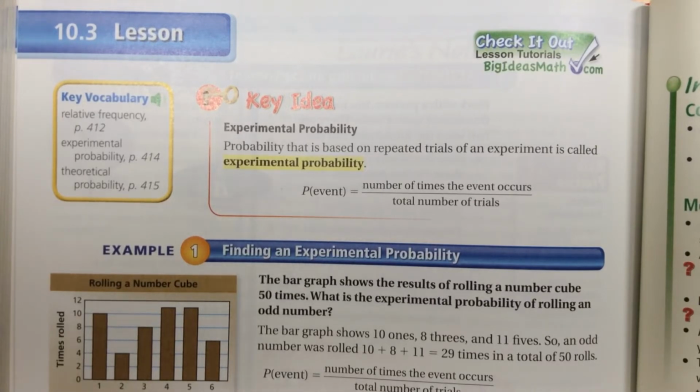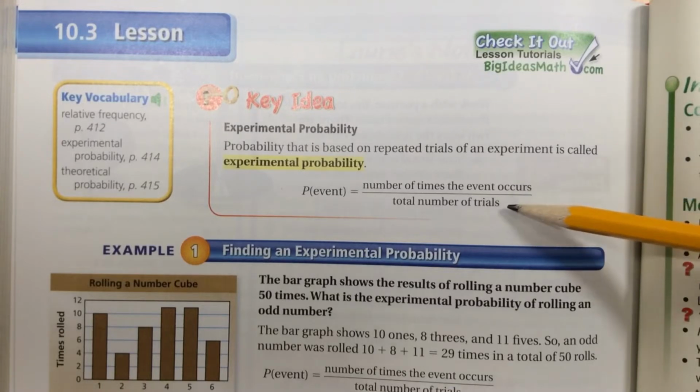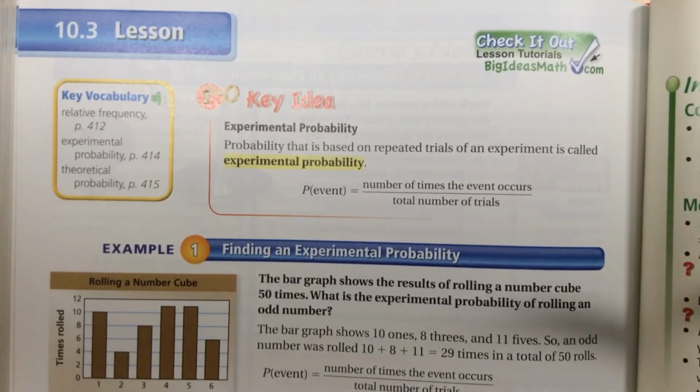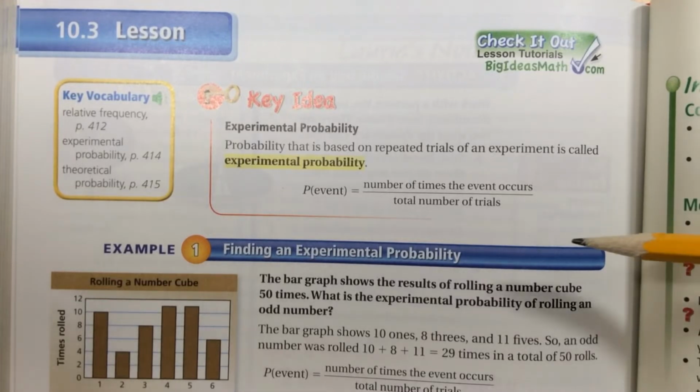So let's say we wanted the experimental probability of flipping heads. If we flipped a coin 10 times and we got heads twice, then we would put 2 over 10. Heads occurred 2 times out of the 10 times we flipped the coin. We would expect it to be 5 out of 10 because we know the probability of flipping heads is 1 out of 2 or 50% of the time, but we know from reality that when we flip a coin 2 times, we don't always get 1 heads, 1 tails.